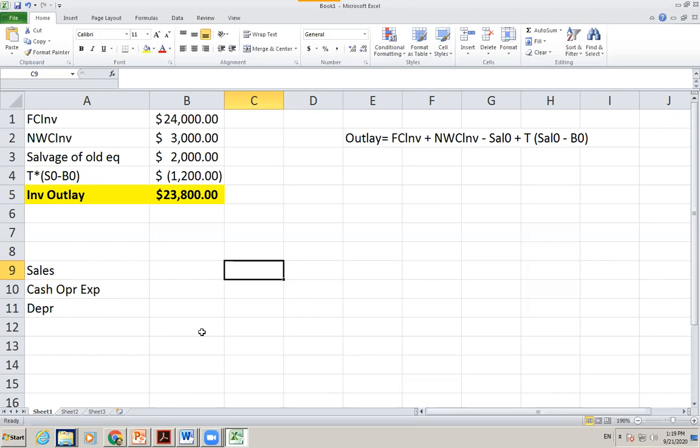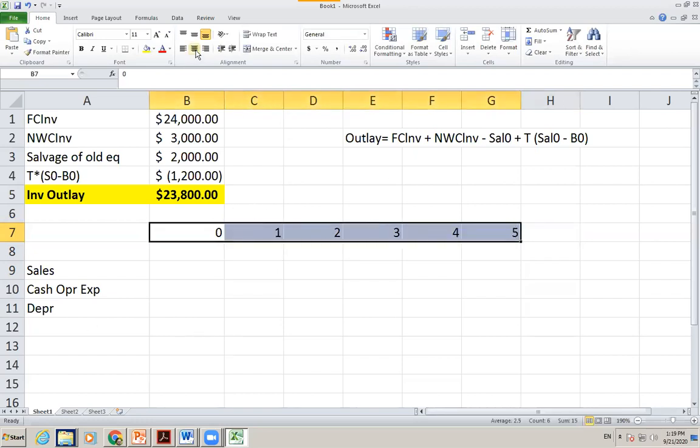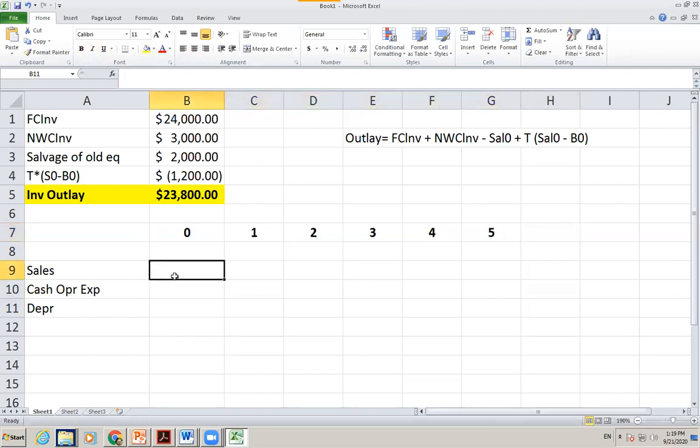So there is no difference. I'm gonna put years here: 0, 1, 2, 3, 4, and 5. So in here that means 0, 0, 0, 0. There is no difference.